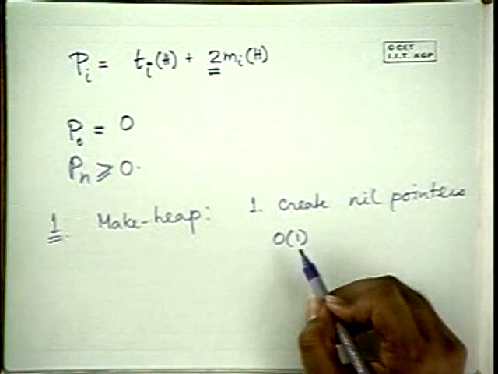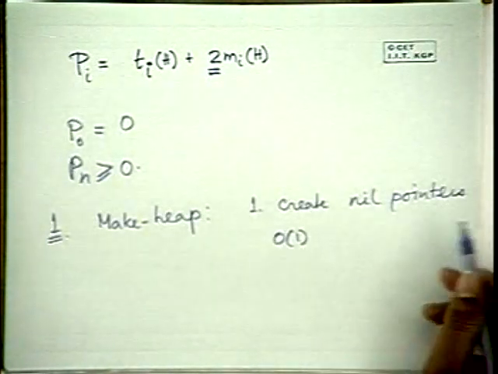Min H will point to nil. There is nothing else. So what is the cost of this one? Order of 1, because in this case the potential change is 0, and the actual cost and the amortized cost are the same, because no root has been created, nothing has been marked. The potential was previously 0, now also 0. So order 1 is the actual cost, and order 1 is also the amortized cost. This is a very trivial operation.